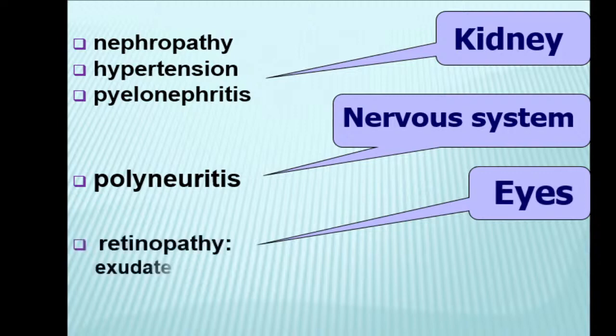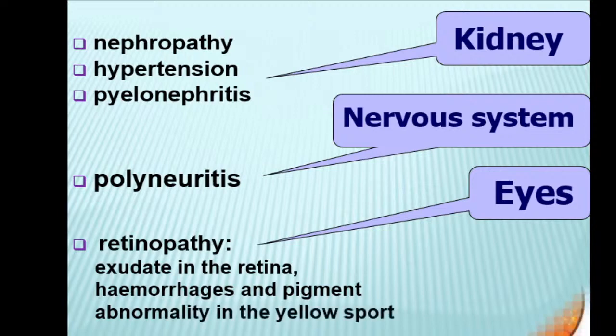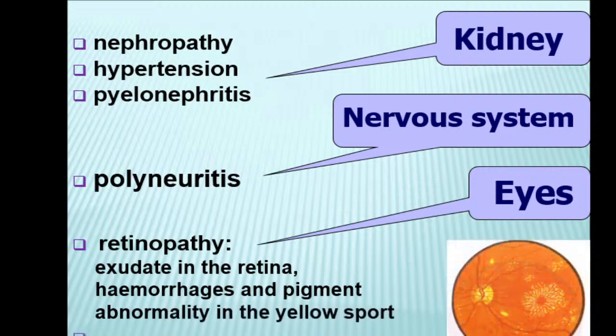Problem with vision, retinopathy, which is manifested with exudate into the retina, hemorrhages and pigment abnormality in the yellow spot due to disordered microcirculation, microangiopathy, and a patient with diabetes mellitus is predisposed to a specific eye disease, cataract, decreased transparency.